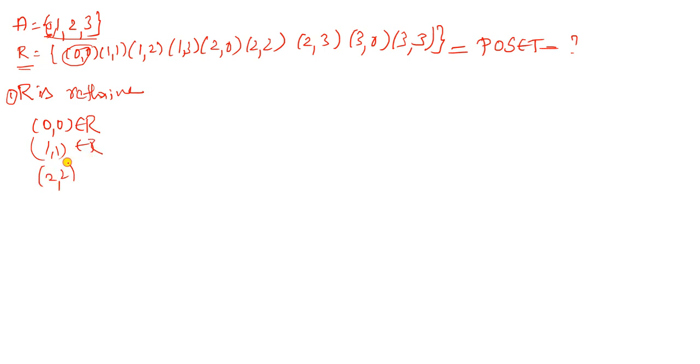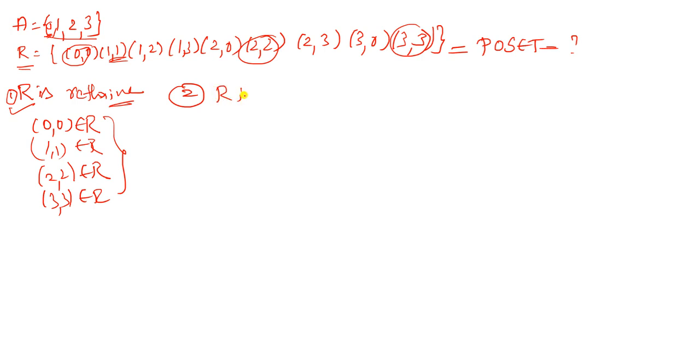And 2 comma 2 also belongs to R, and 3 comma 3 also belongs to R. So all these are there in our given relation. So R is said to be reflexive. First condition is satisfied.